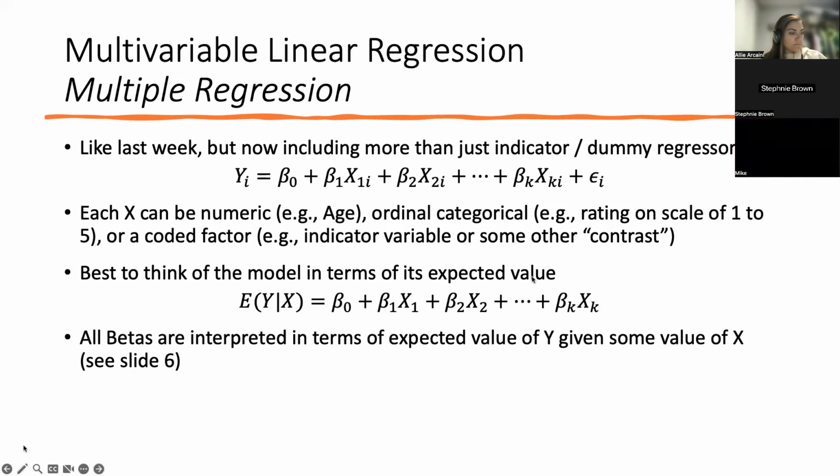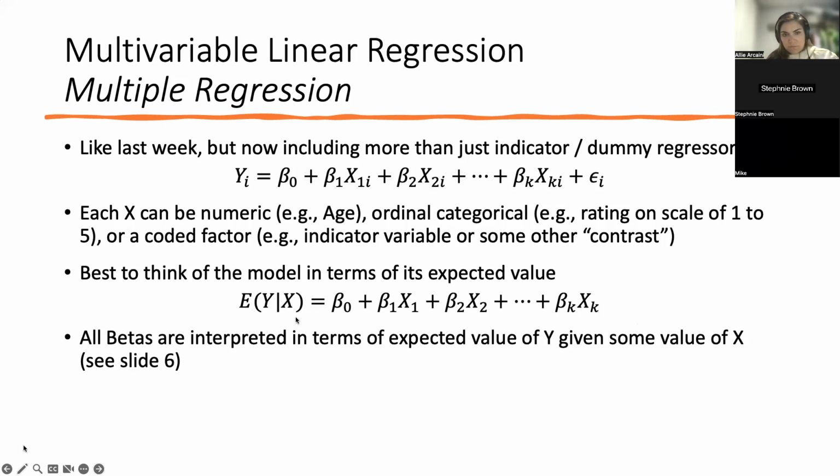This week, we're going to start to really want to think of the model in terms of its expected value, right? Because that's actually what we're predicting. And I'm going to spend some time on this conceptually, that really what our regression model does is it gives us the expected value of Y for any particular set of X values.